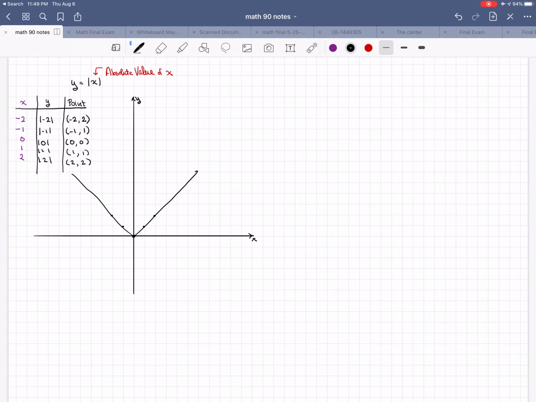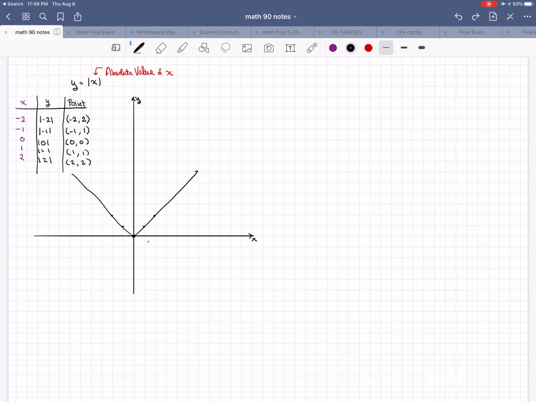All right, so that is the shape of the absolute value graph. I won't call it a V shape because it does depend a little bit on what you have inside the absolute value. As long as what's inside the absolute value is linear, you will have that sort of V shape.